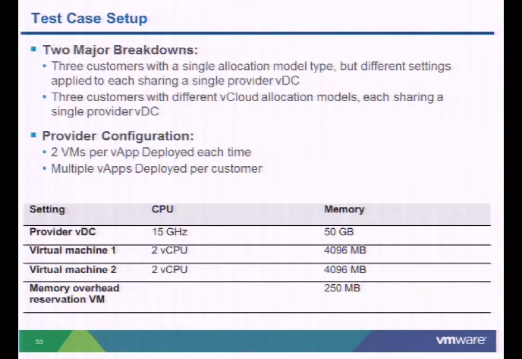The overhead memory is basically the virtualization tax it takes to provide the resources in a virtual environment for that virtual machine, specifically when it comes to memory, CPU, and other things. The more CPUs you add, the more memory you add, the more expensive it becomes to support that virtual machine.